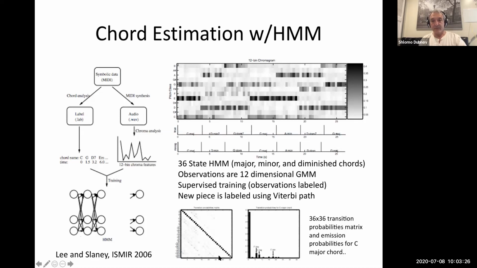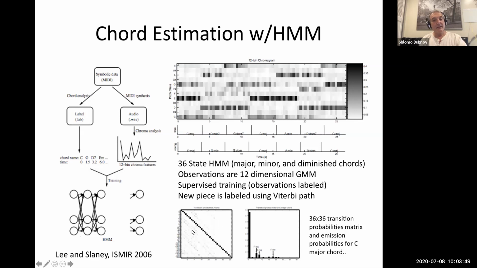So the transition matrix is 36 by 36. You can think about this transition matrix as the Pij that we have seen when we were talking about Markov models. This first order transition matrix between all the states encodes to the first order the rules of harmony.